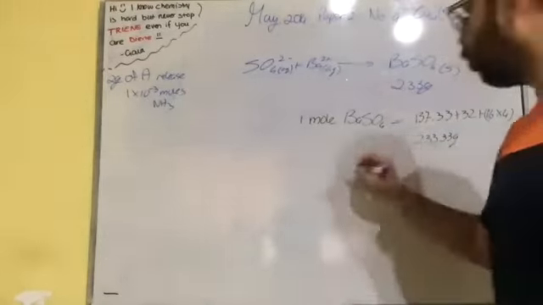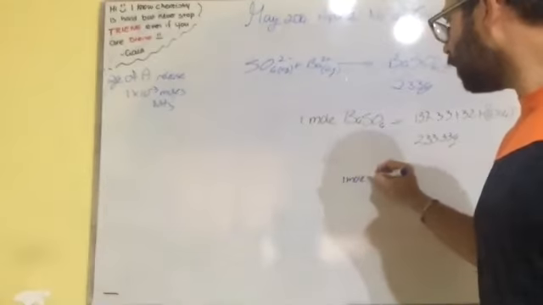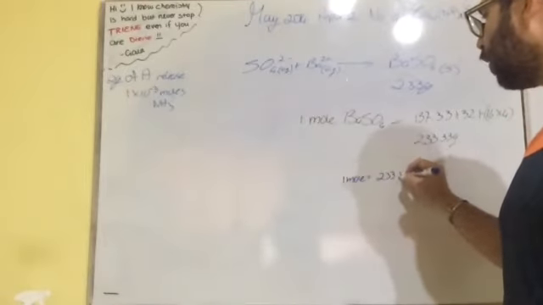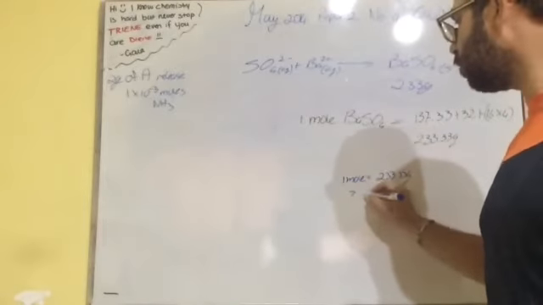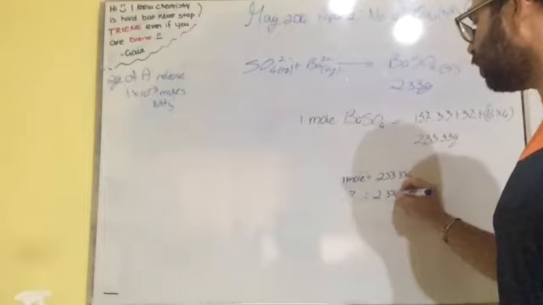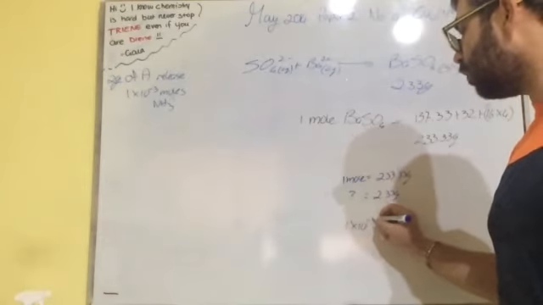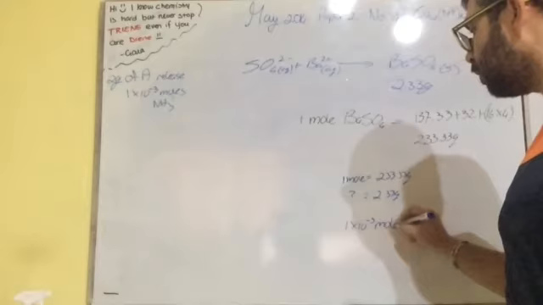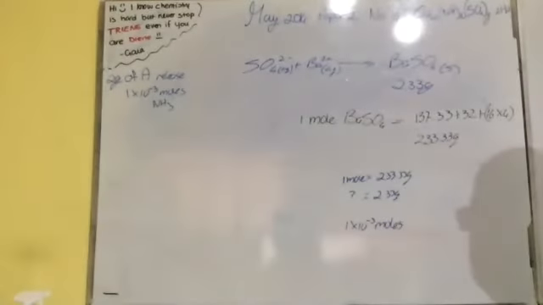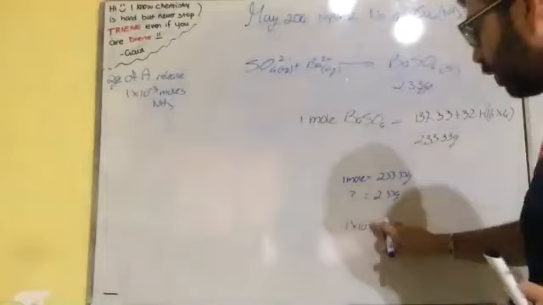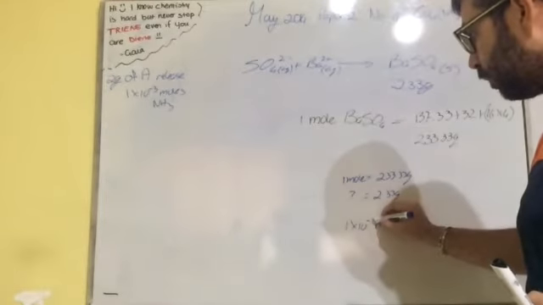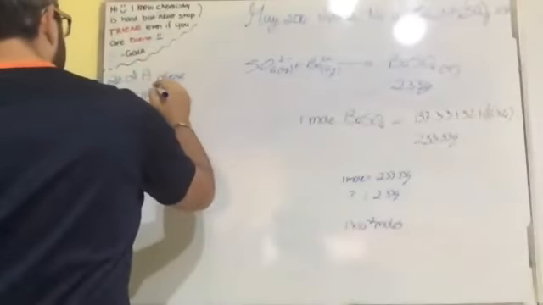Therefore, 1 mole equals 233.33 grams. How many moles equals 2.33 grams? And that would be 1 times 10 to the minus 3 moles. Apologies, to the minus 2. And even the other numbers, they were all to the minus 2.